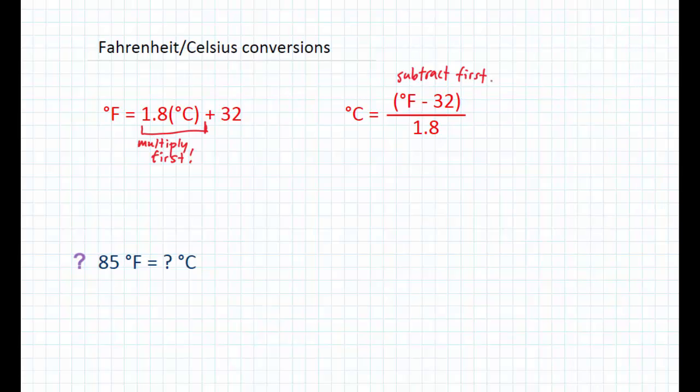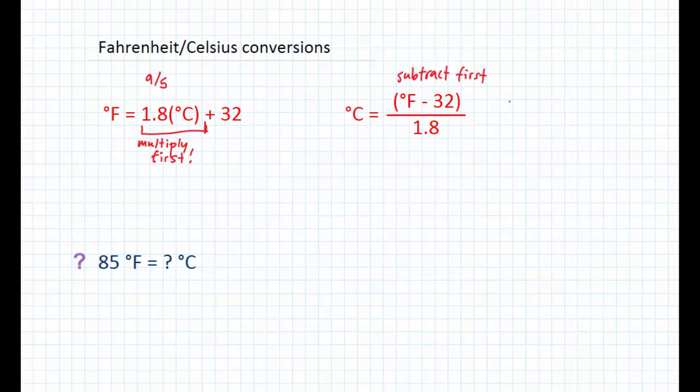I give them to you in two ways. I think this is the simplest way, but 1.8 is 9/5. So sometimes you'll see it like that. Divided by 1.8 is the same as 5/9.